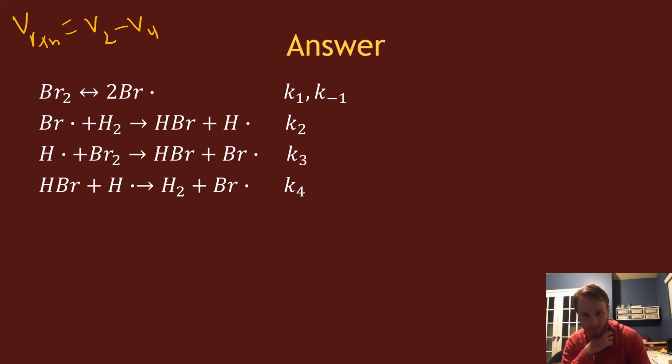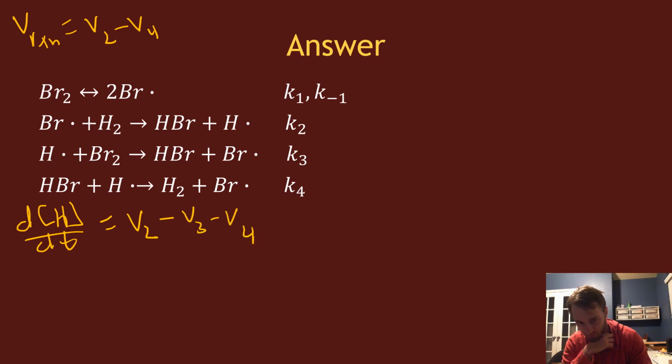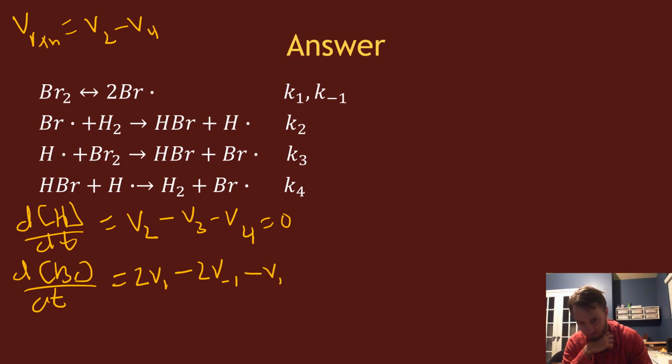We have dH dt equals V2 minus V3 minus V4, which equals 0, and dBr dt equals 2V1 minus 2V minus 1 minus V2 plus V3 plus V4 equals 0.